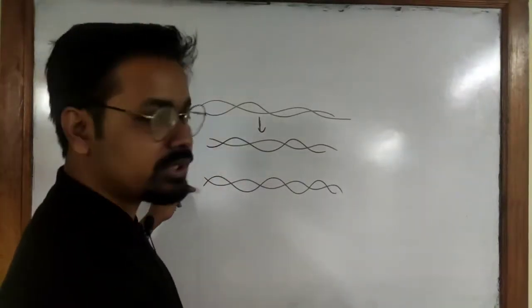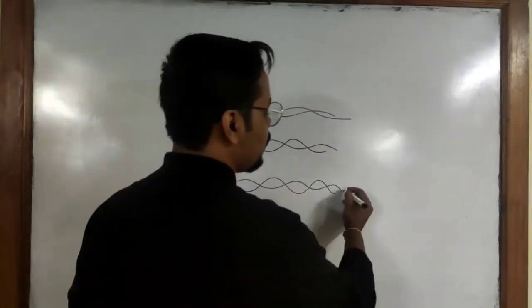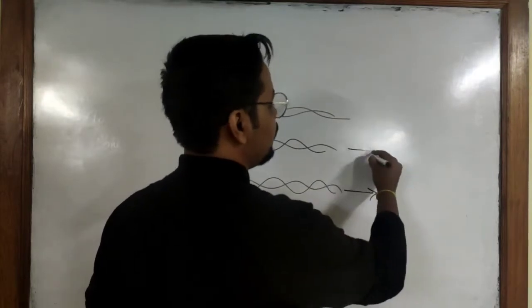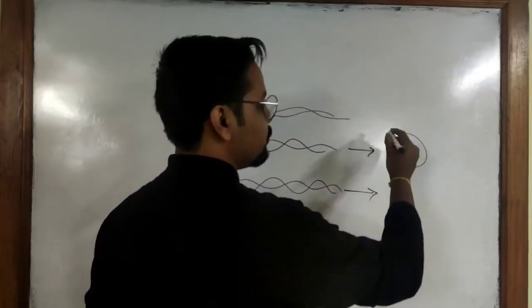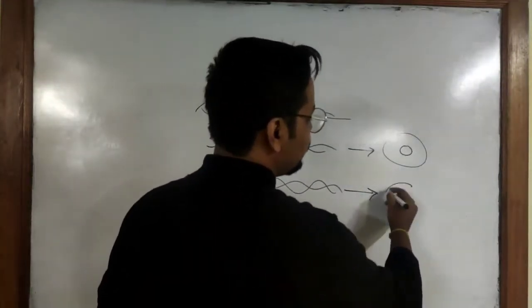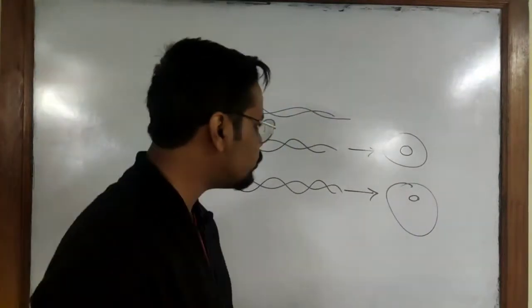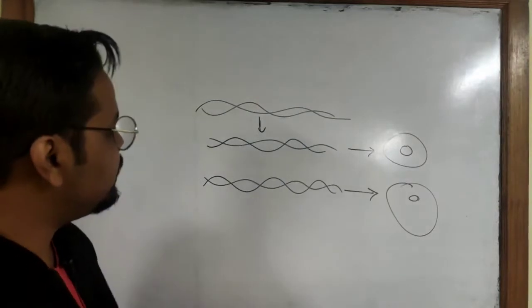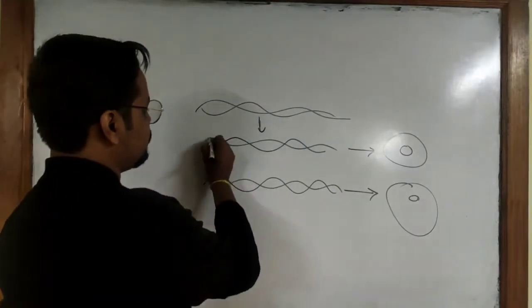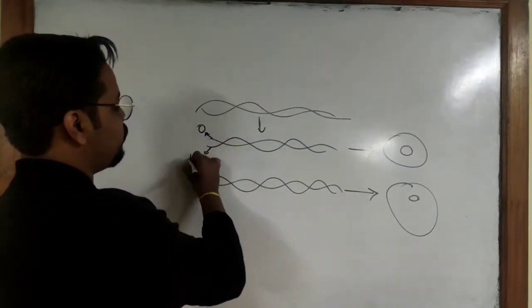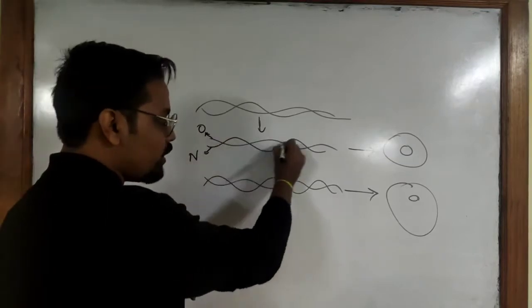So now we have two strands of DNA, and one of these will move into two different cells. So this will be suppose the parent cell, and this will move into the new daughter cell, means the new generation cell. So while copying these, means the new DNA fragments that are formed, suppose this is the old one and this is the new one. From the old one, the new one is being copied.